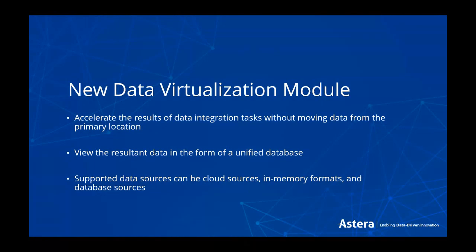So I'm going to go ahead and show you a demonstration to show you what I'm talking about. I'm going to switch screens here. What you're looking at here is a version of that module coming out in Q3, and you're looking at what we call a data model. The data model contains a few objects.